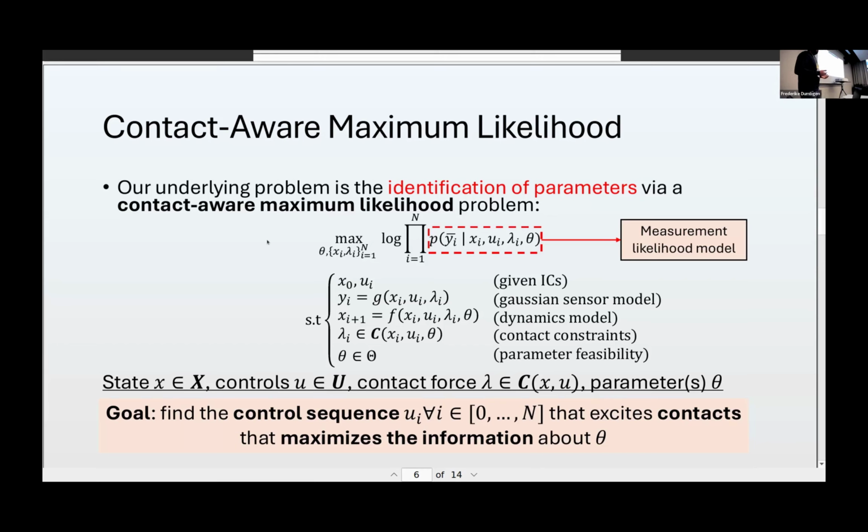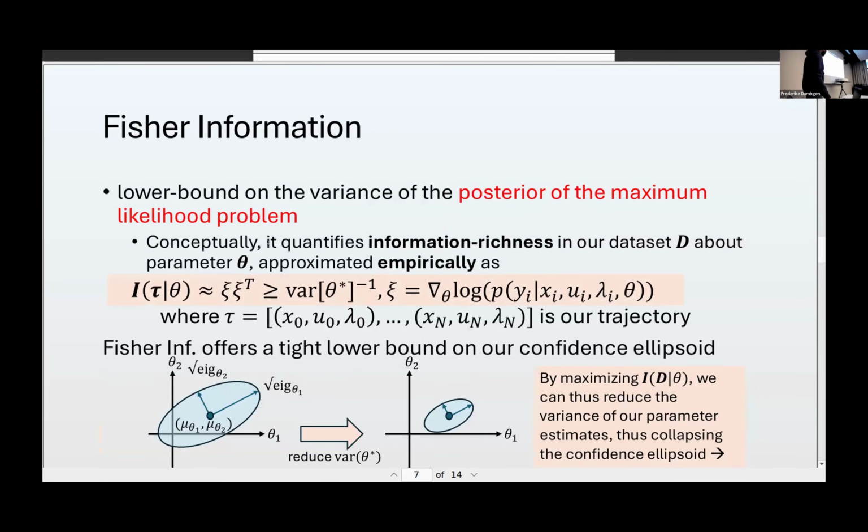So the goal here is to find a control sequence U that excites context, that maximizes the information about theta. So we have to pass in data into this problem, and we want to get a really accurate estimate of theta. So before we do this, we'd like to define what Fisher information is in the first place.